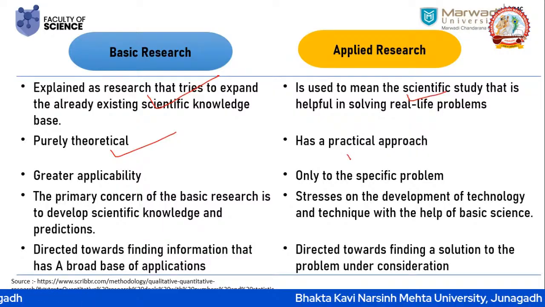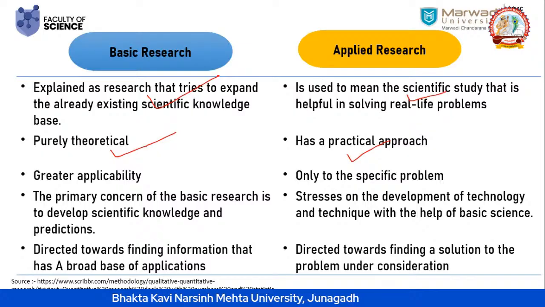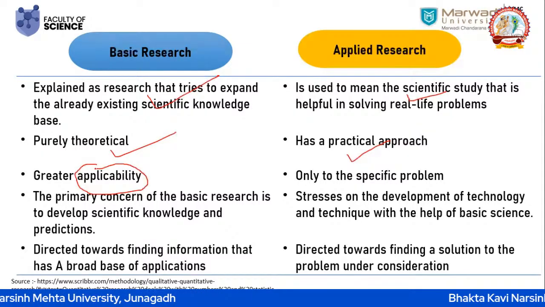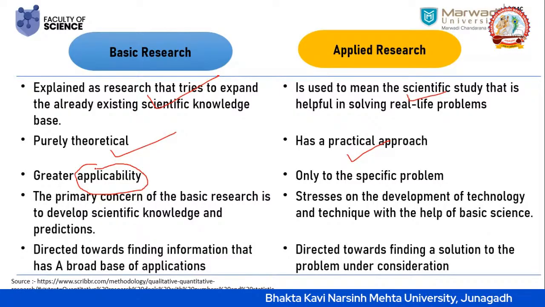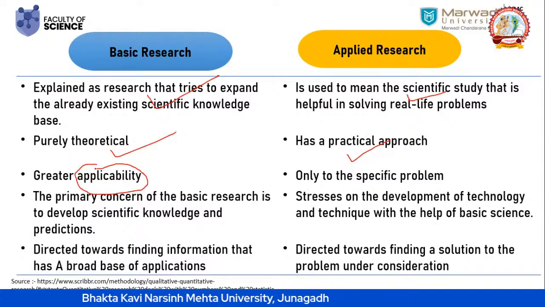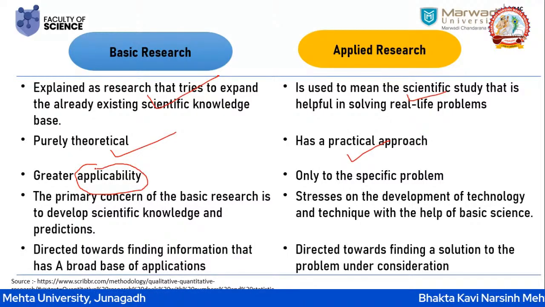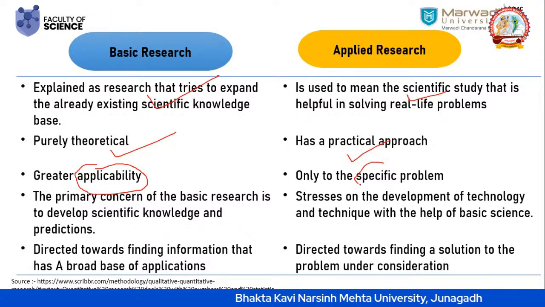Applied research is mainly based on the practical. Basic research can be applied for one or more than one research, or you can say that it might give the solution for a number of problems. So it has a wide application in terms of research, but applied research is always based on that particular specific problem.